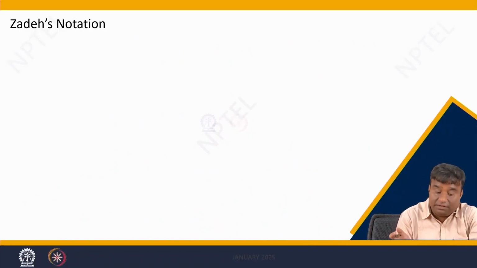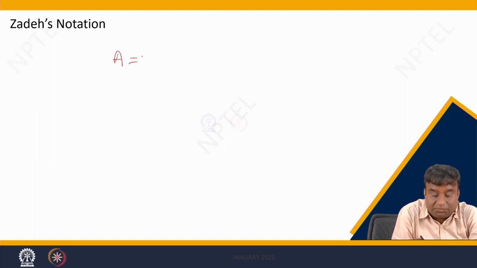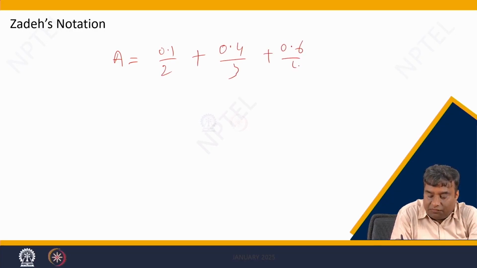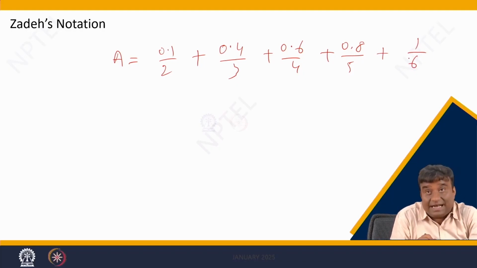Here is one more example. Suppose A denotes a fuzzy set. You can write 0.1 by 2 plus 0.4 by 3 plus 0.6 by 4 plus 0.8 by 5 plus 1 by 6. That is the Zadeh notation of the fuzzy set.